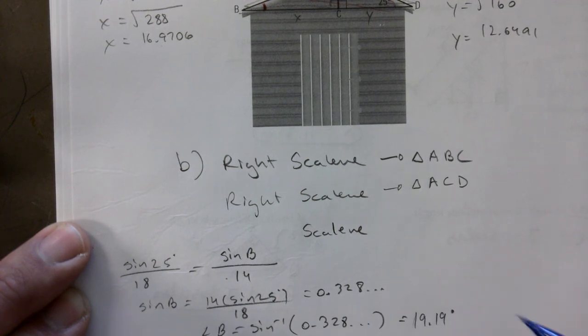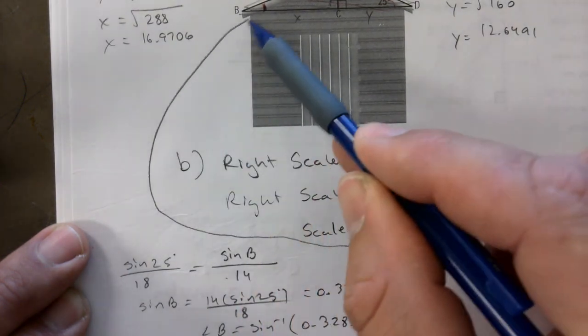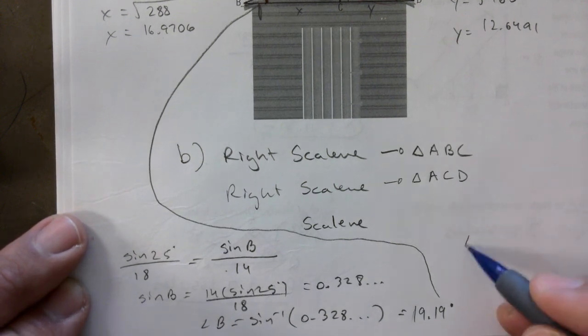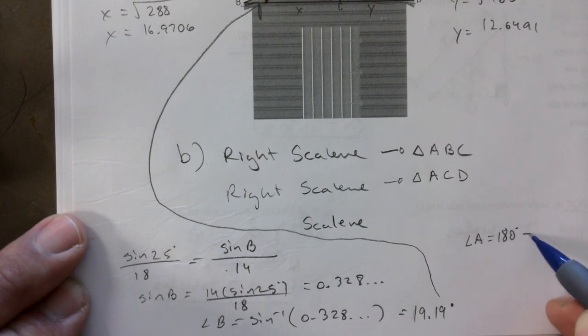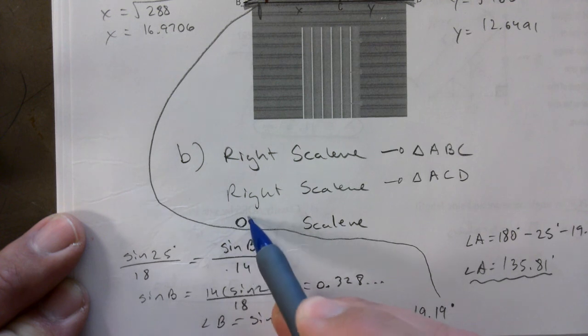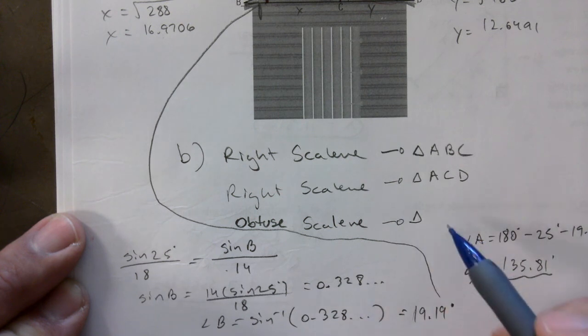That's this angle right here, watch. I'm going to go arrow, just point it to that angle right there. So that means that angle A will be 180 minus 25 minus 19.19. That's 135.81. So therefore, it's an obtuse scalene triangle ABD.